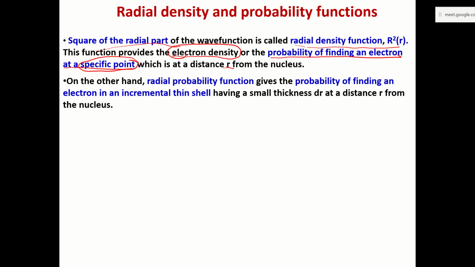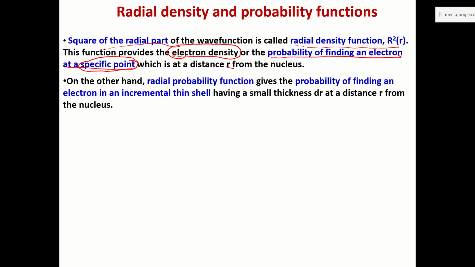Now, this is important. Radial probability function is something very different. You know the electron density, then you multiply it with the volume element. We visualize the electron to be distributed in the form of an onion, in concentric shells, like an onion has concentric shells so that it shows a complete spherical shape.